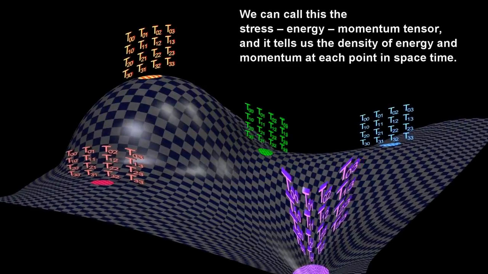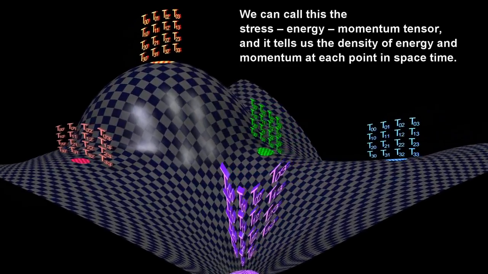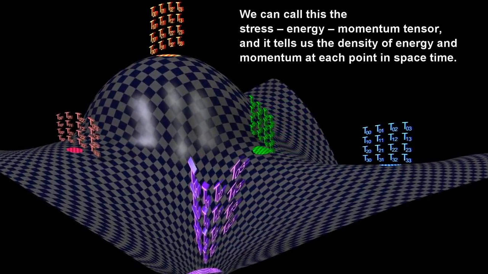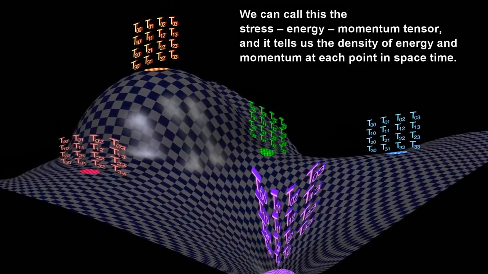We can call this the stress, energy, momentum tensor, and it tells us the density of energy and momentum at each point in space-time.